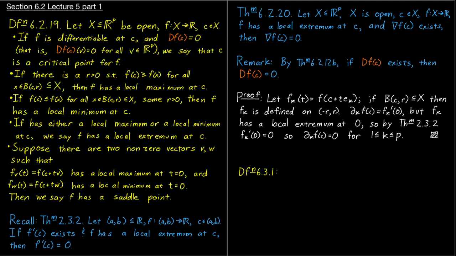And we are going to talk about an analog to that in higher dimensions. It's going to be more complicated. So your homework for today is going to be essentially working through all the linear algebra preamble that we're going to need for the analog to the second derivative test.